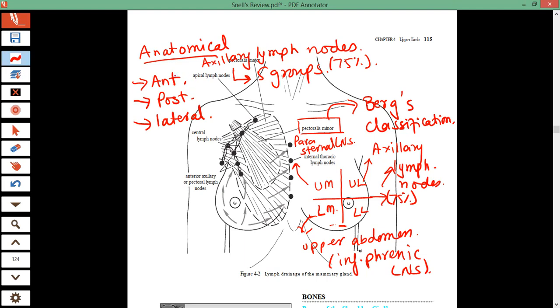Now see, what is anterior? Anterior is draining from the anterior part of the trunk above the umbilicus level. So that is your anterior.